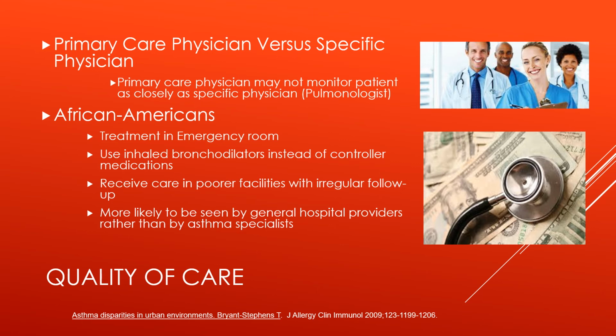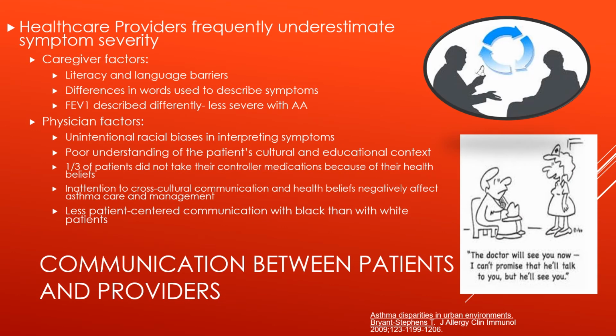A lot of times, like I said, you really need to see the same physician so you get continuity of care, because they can manage your asthma a little bit better. This slide speaks about communication between the patient and the physician.